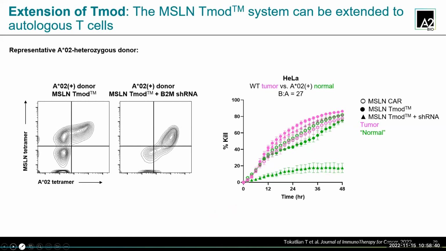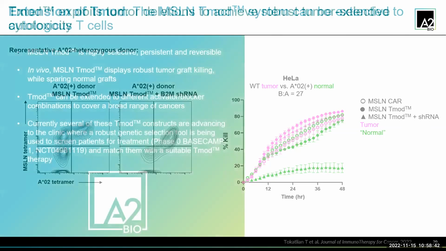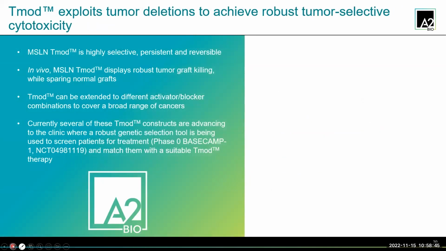So with that, I'll conclude by saying that mesothelin TMOD is highly selective, persistent, and reversible. In vivo, mesothelin TMOD displays robust tumor graft killing while sparing normal grafts. And hopefully the data I've shown shows you the modularity of the TMOD system and how it can be extended to different activator and blocker combinations to potentially cover a broad range of cancers in various patient populations.